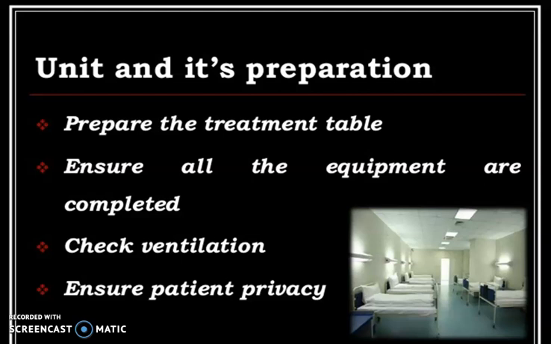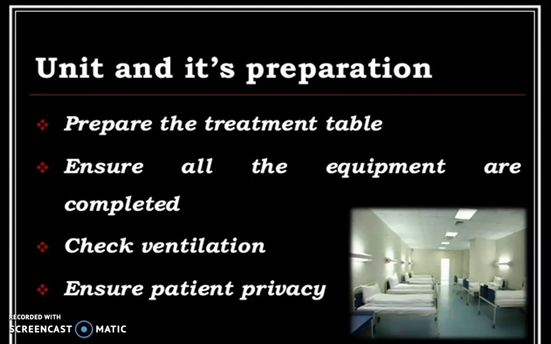Then ensure all the equipment is complete. Before moving away from the treatment table itself, we need to check whether all the required articles are completely arranged near the bedside or not. Then check ventilation. Regarding ventilation, there will be natural ventilation as well as artificial ventilation. Natural ventilation means the door, windows and everything.